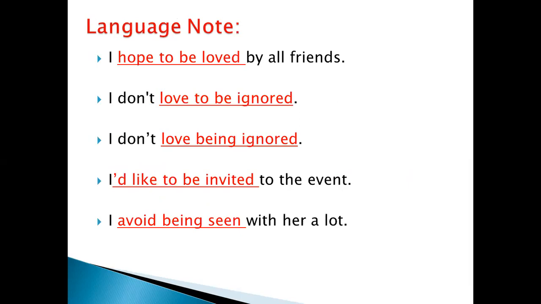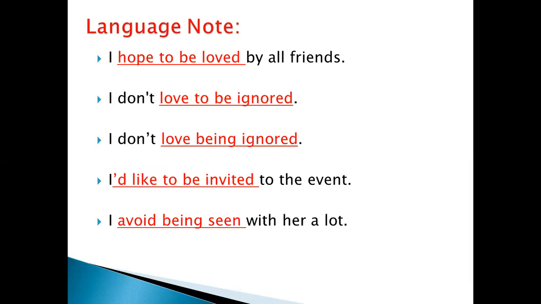Another slide, another example. Some verbs can be followed by infinitive to, or can be followed by gerund, verb plus ing, like examples number 2 and number 3. I don't love to, I don't love being. What's the difference here? Love to plus be, love plus being plus past participle.